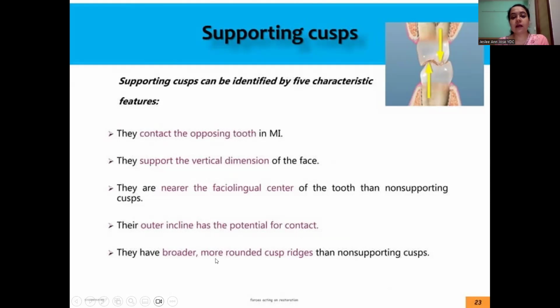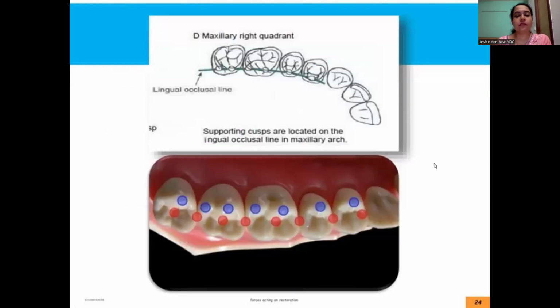So the supporting cusps have a broader and more rounded cusp ridge than the non-supporting cusp. Now, why broader? Because the broader the supporting cusp, the more it will withstand the occlusal forces. So now let us see which are the supporting cusps in the maxillary arch.